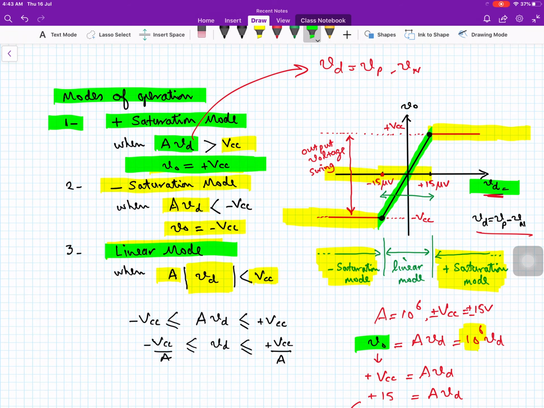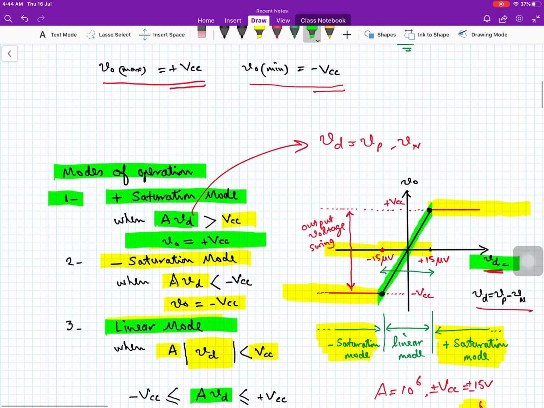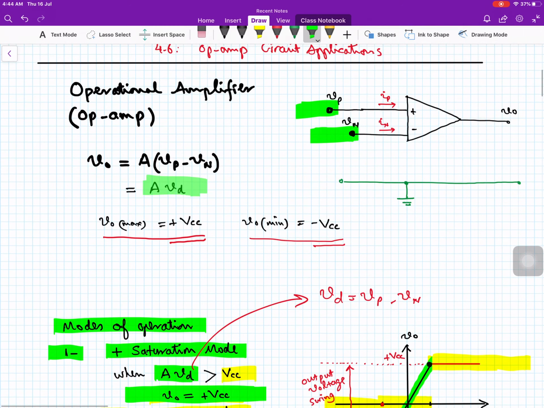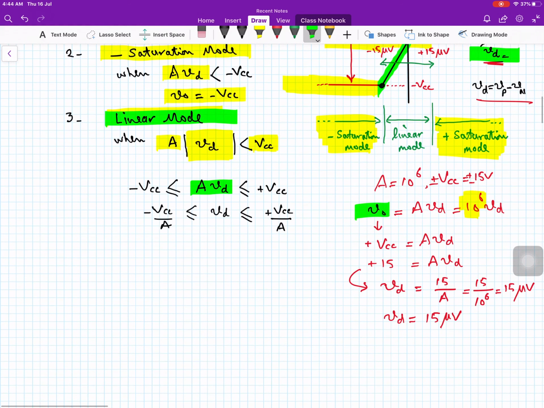This is a very important thing. Now again, what is the output voltage? VO is A VD, as I have shown over here. A is voltage amplification, and VD is the differential voltage, or VP minus VN. VD can swing between these two values, plus VCC and minus VCC.